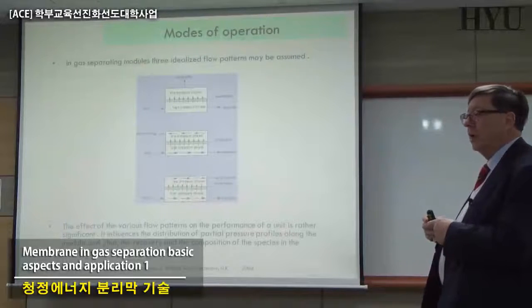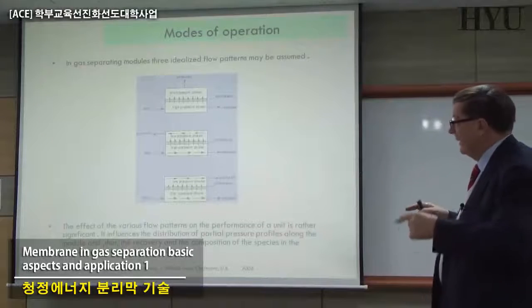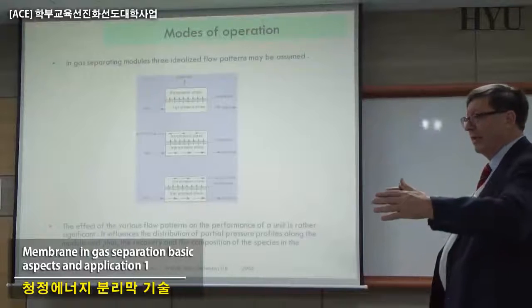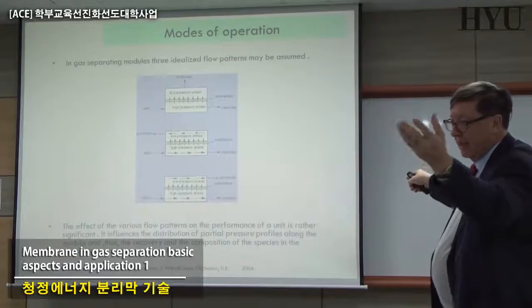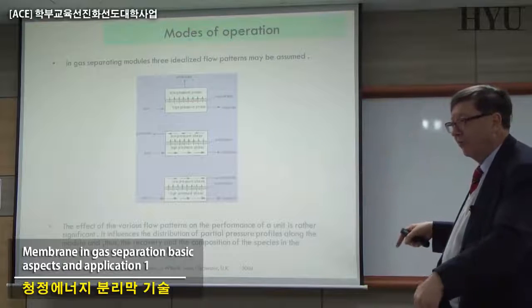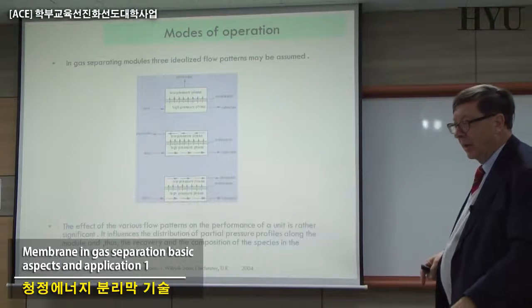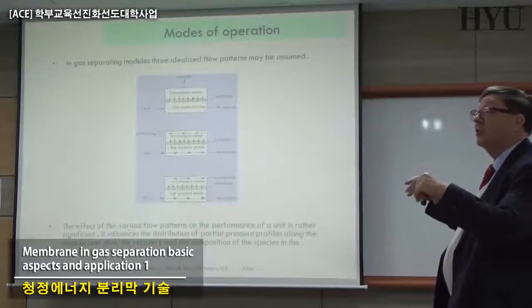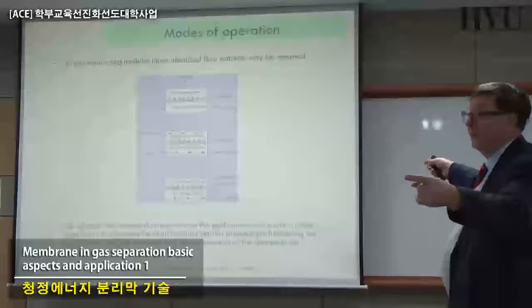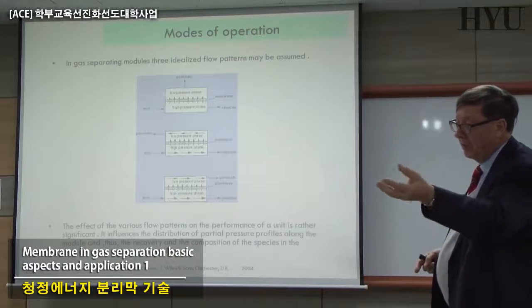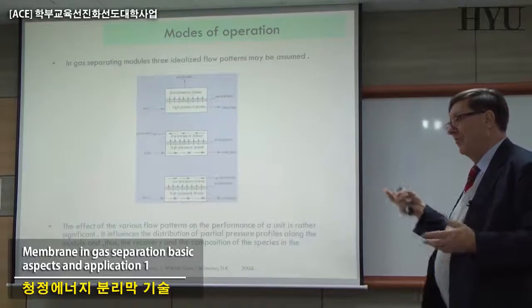Because if you're working in co-current, increasing the length of the module, you can enter with 10 atmospheres, so you have a driving force of 10 against 1, but along the module the pressure drop is increasing, and at the end, if it's 1 meter, you enter with 10, you go out with 9.5.